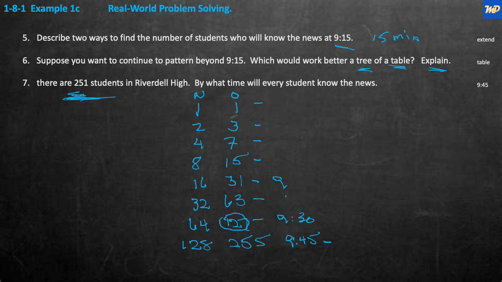So in order to get to the 251, we had to add in the next lot, doubling here, which gave us this extra 128 added to this 127 to get 255, and 255 is greater than 251. So by 9:45, all knew. Okay?